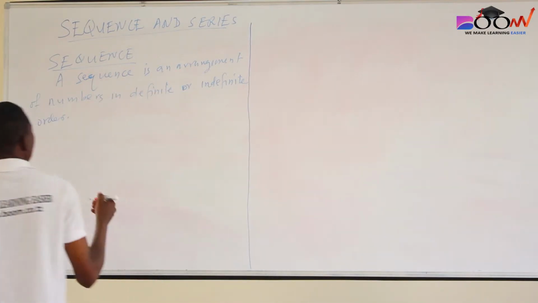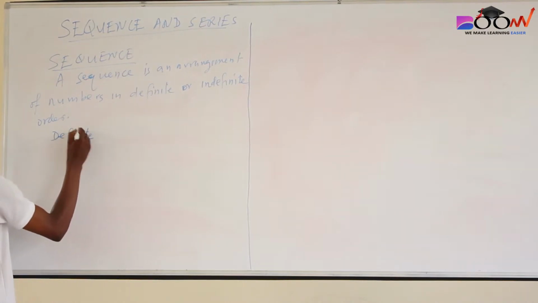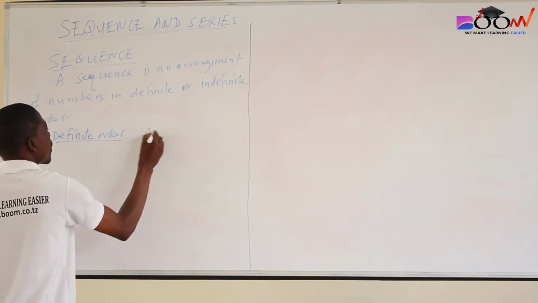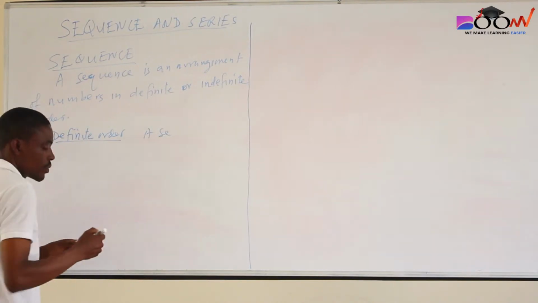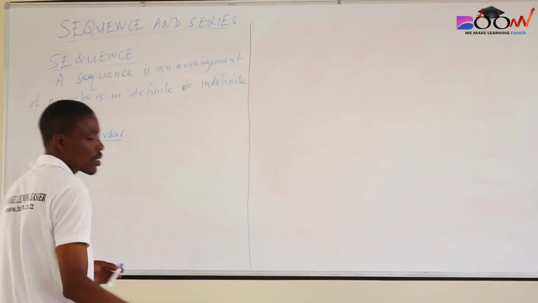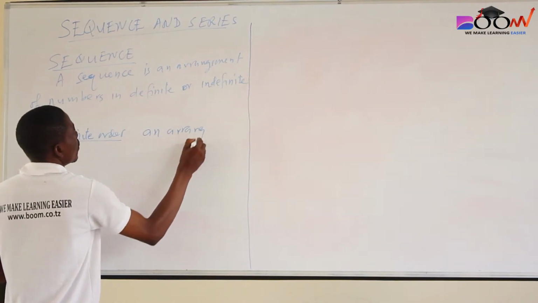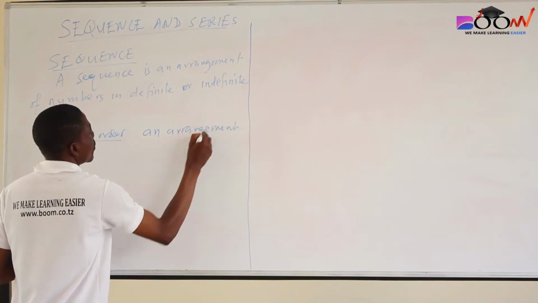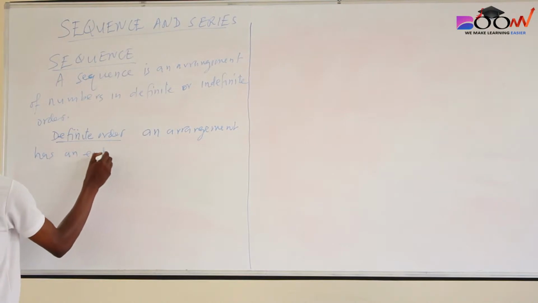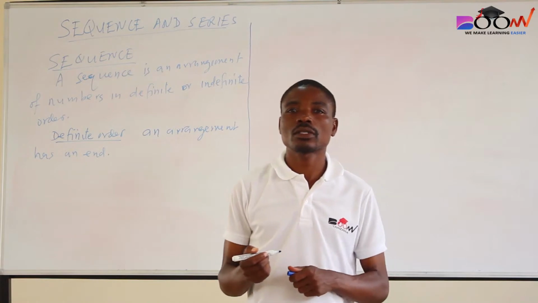Now, what do you mean by definite order? Definite order means an arrangement that has an end.